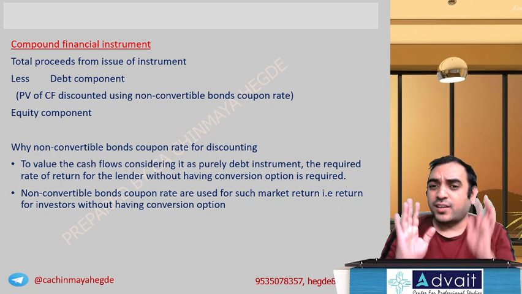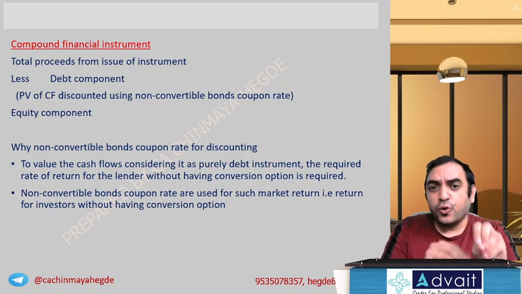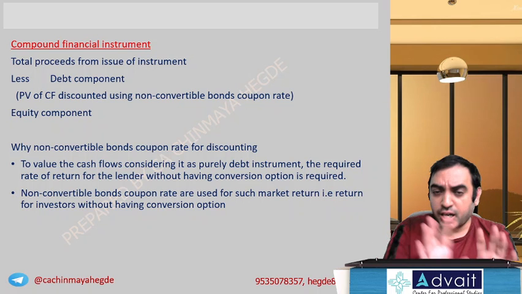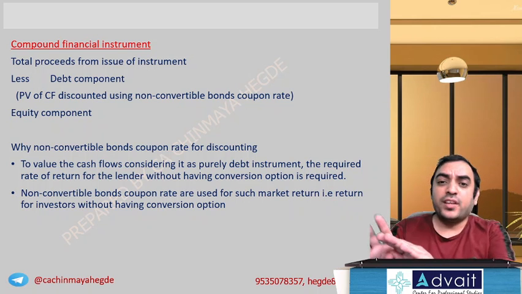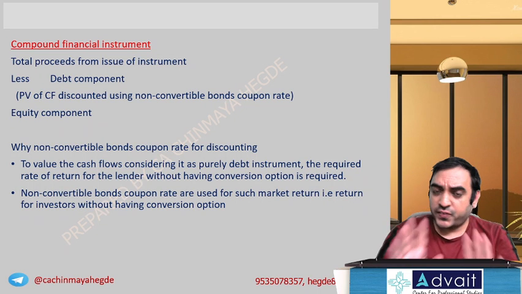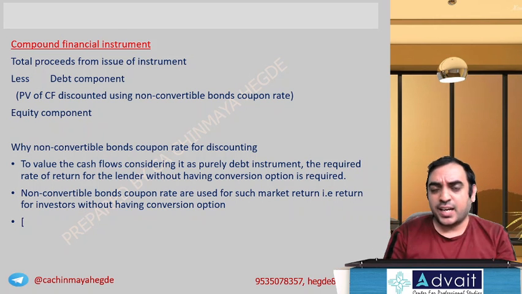So ultimately what is required? Cash flows will come from convertible bonds, and the discounting rate comes from non-convertible bonds. That is the one line you should remember for the exam.